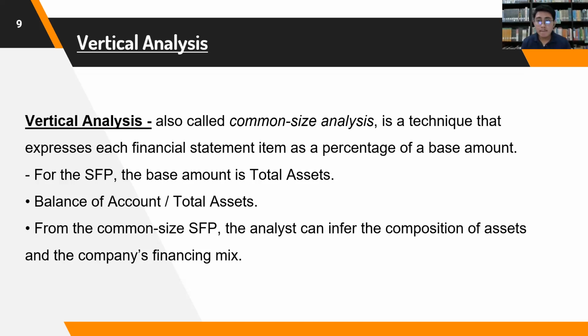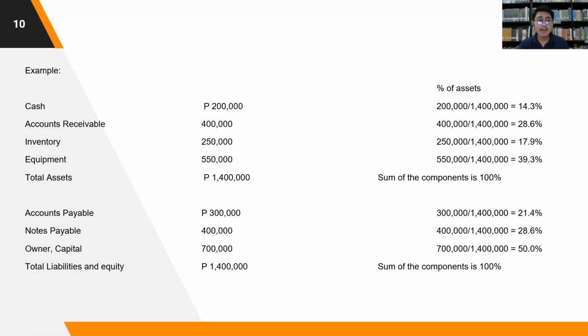Okay? So kung ano yung amount na dapat mong kukunin, i-divide mo lang po siya sa amount ni total assets. So from the common size of the SFP, the analyst can infer the composition of assets and the company's financing mix. So ito po yung example natin.